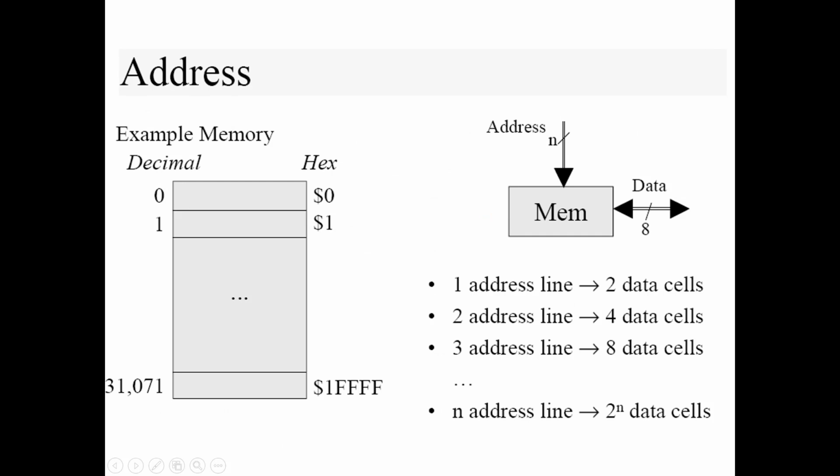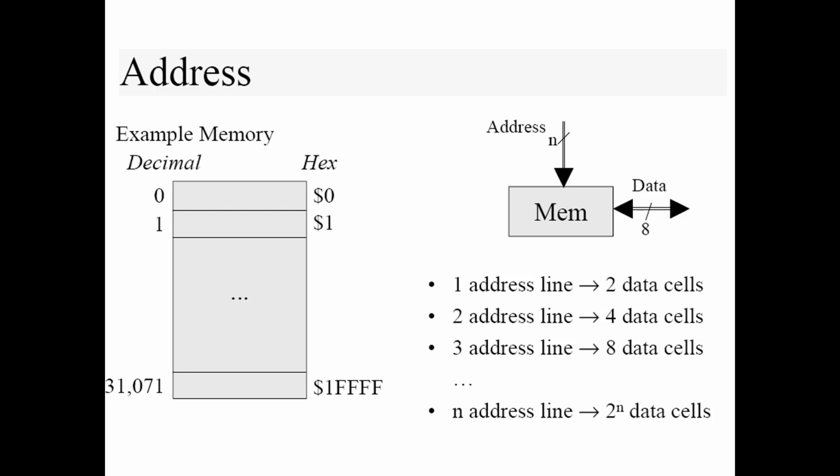Let's break down how addressing works in embedded systems, particularly focusing on how the number of address lines determines the number of data cells that can be accessed. In digital systems, an address line is used to select a specific memory location. The number of address lines determines how many unique addresses can be generated and thus how many data cells can be accessed.